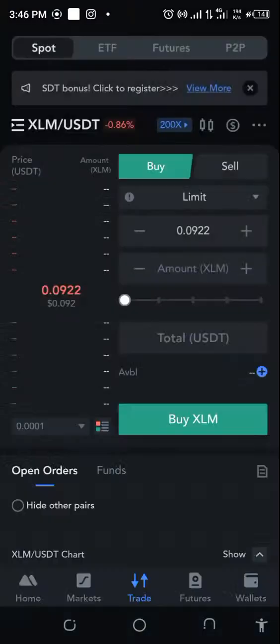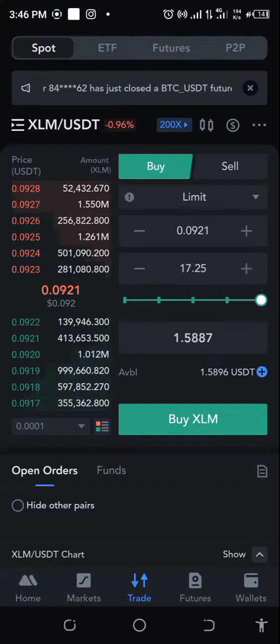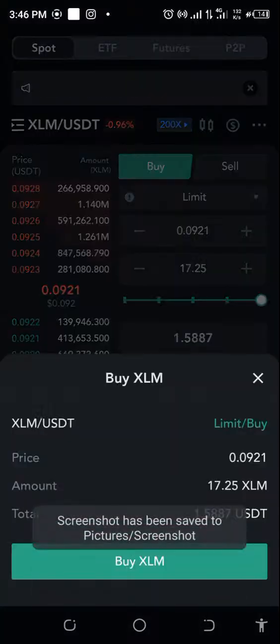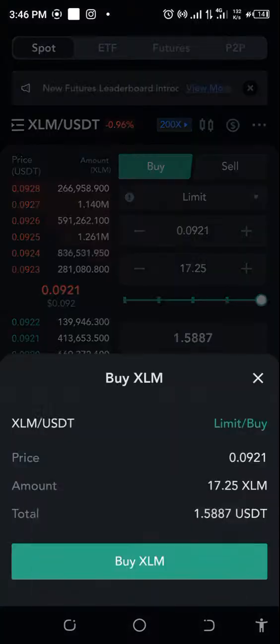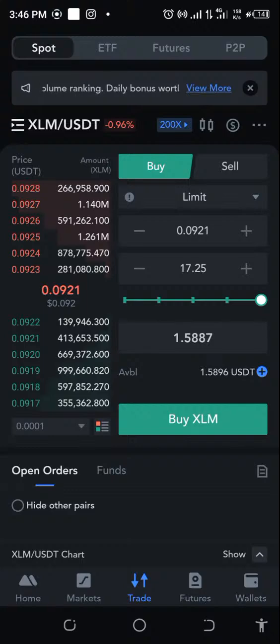But this is just a small amount, so it might still apply the restrictions. It says it does not meet the minimum order amount of 5 USDT. Okay, so the only way is to leave this here.